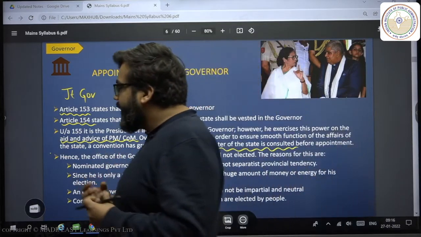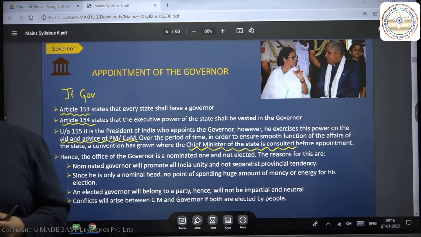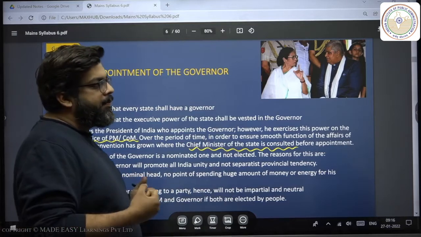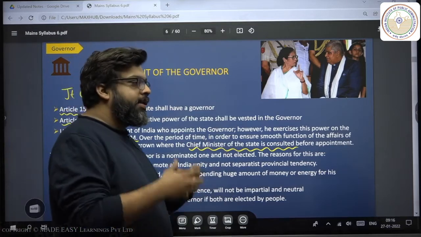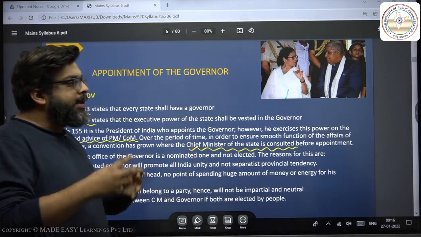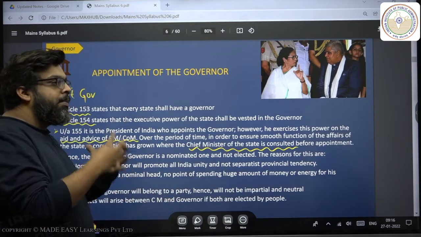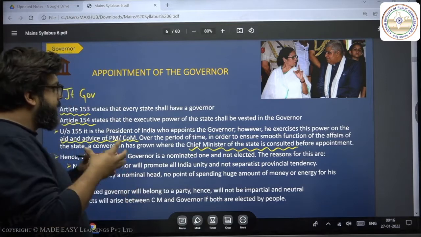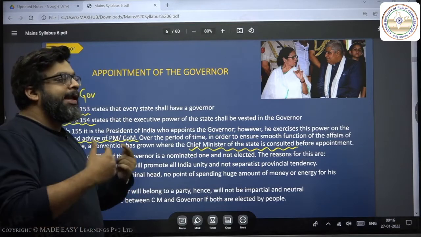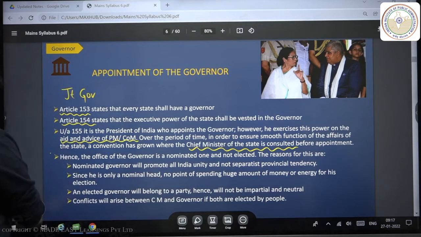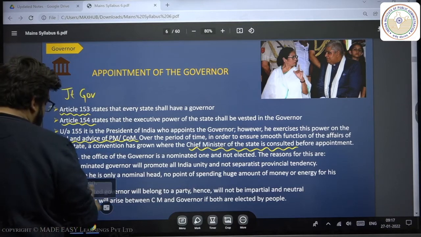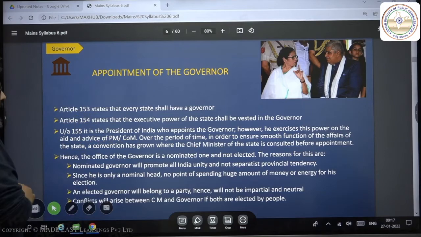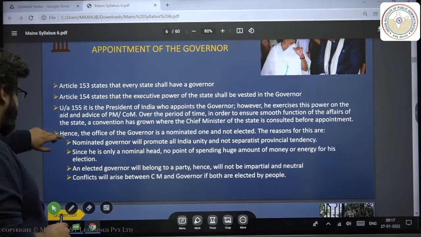So keeping these four reasons in mind, it was devised by the makers of the constitution that the office of the governor is going to be a nominated one, an appointed one, but certainly not an elected one. So when we understand this, we move further on to understanding certain technical details.